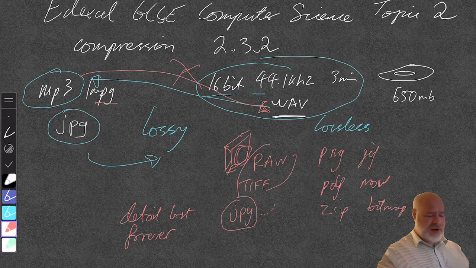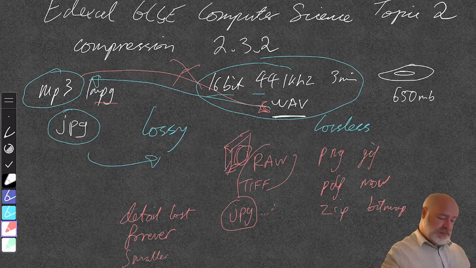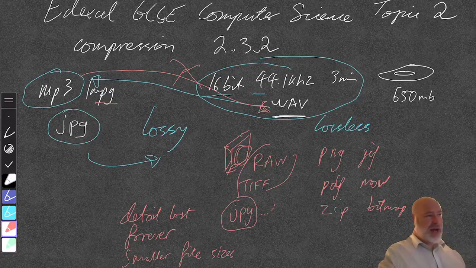They'd be far too big, because lossy files are usually much smaller file sizes, significantly smaller, to allow streaming to happen, less internet traffic, less collisions, etc.